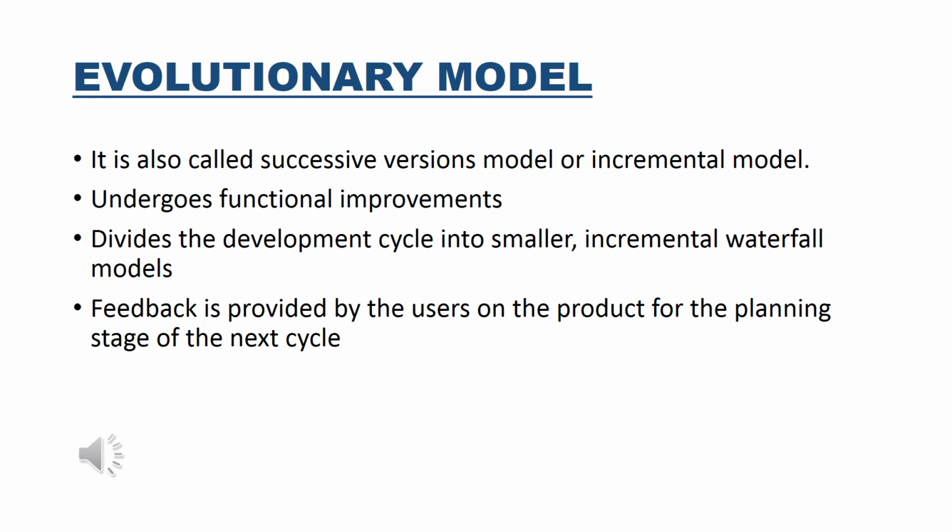Why is it called incremental? Because it undergoes functional improvements and we keep on adding new features whenever we get them from the users until the desired system is built. And when we complete one phase, then feedback is provided by the user for the product so that we can plan for the next cycle. And that is why we say that this software product evolves with time.